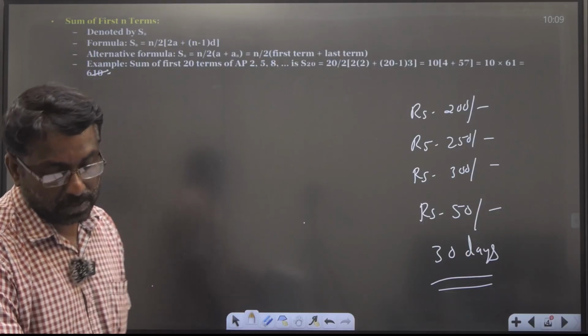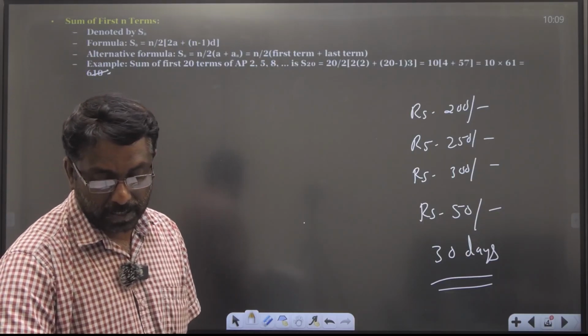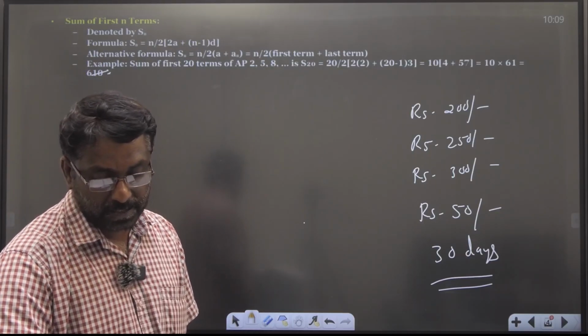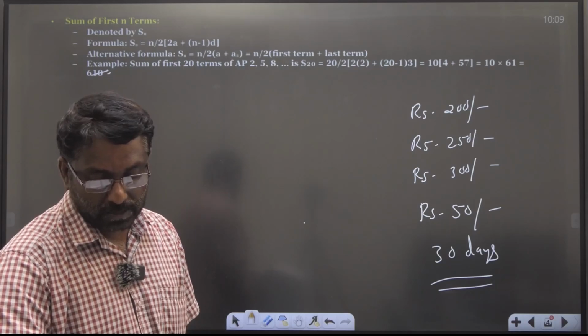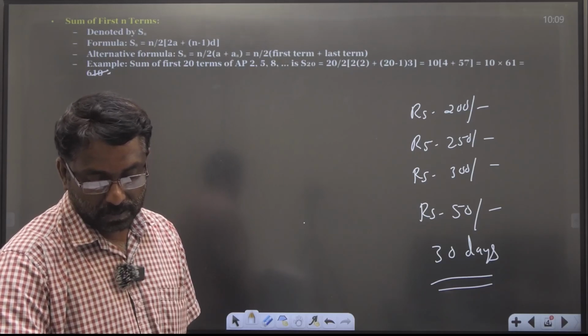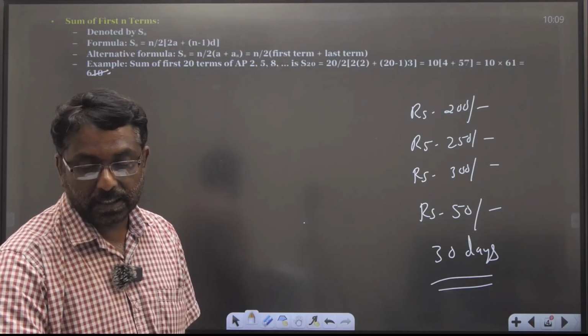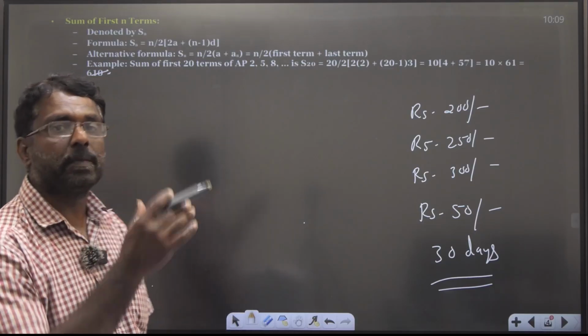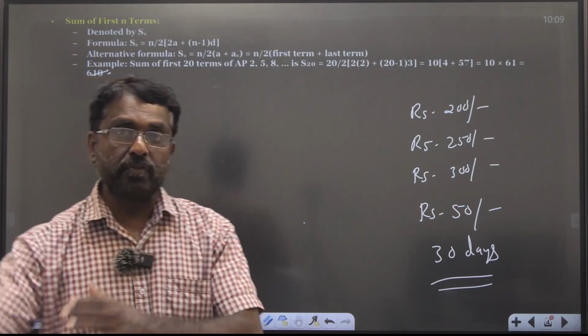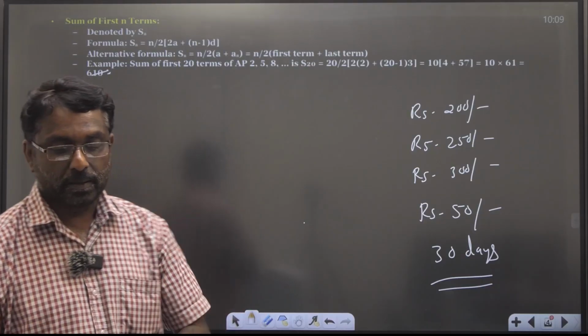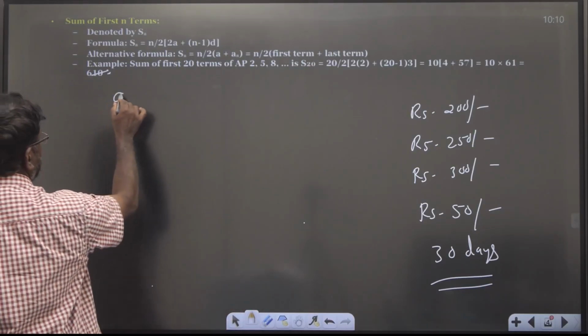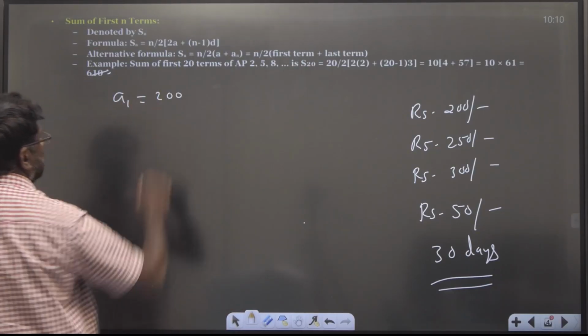First you read the question. Here it is given that the penalty for each succeeding day is rupees 50 more than the preceding day. Therefore, the penalties of the first day, the second day, the third day, etc., will form an AP. Each increases by 50 rupees. Here a1 is equal to how much? 200.